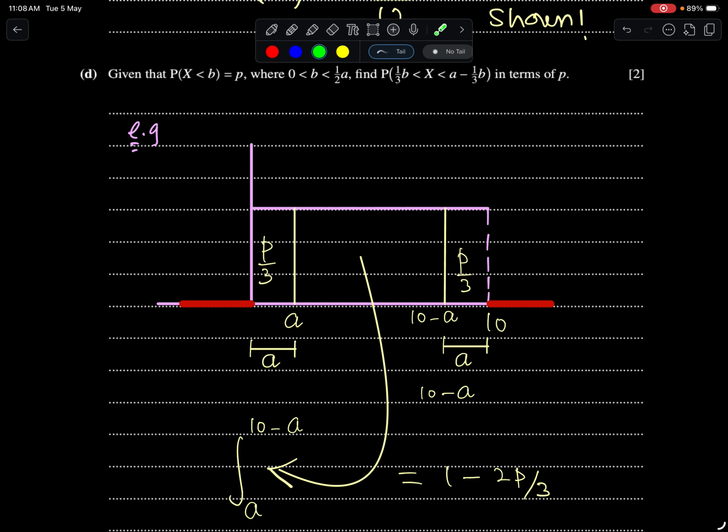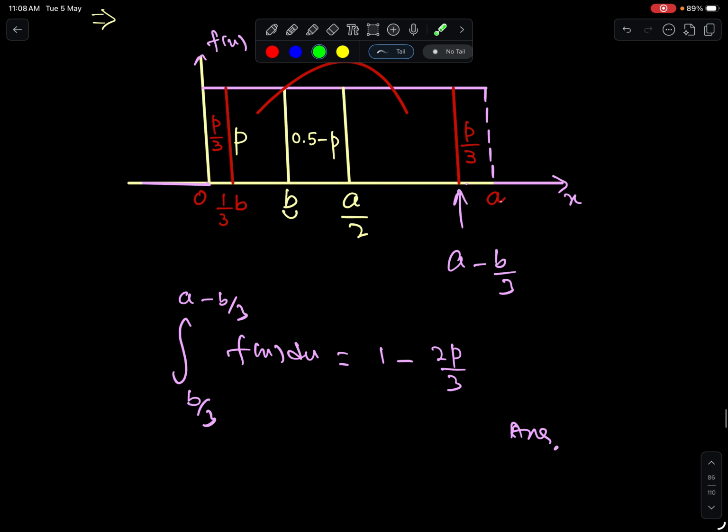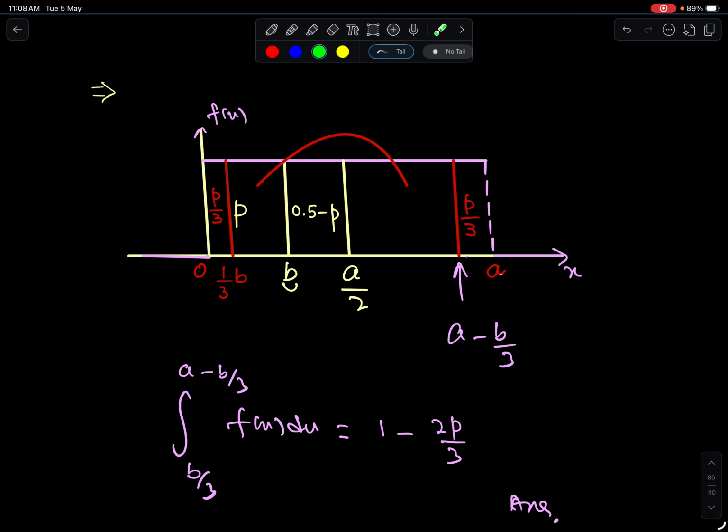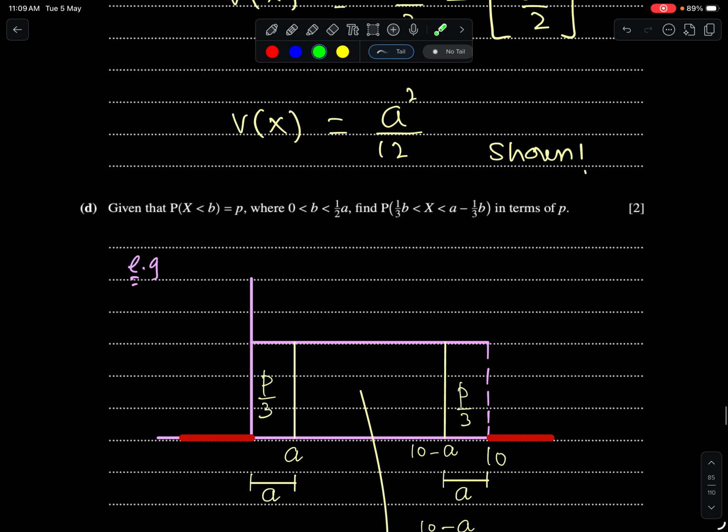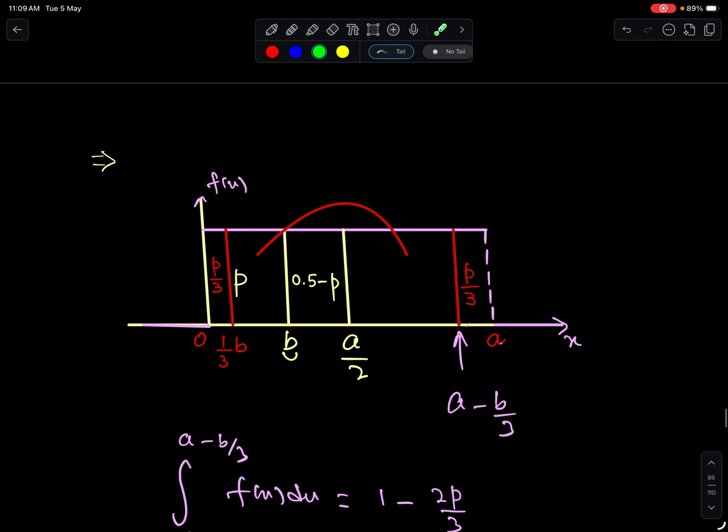This is an example, you can just skip this. The solution is here. So first check that b lies between 0 and a upon 2. So mark b or label b, anywhere between 0 and a upon 2. Okay, so this is b.